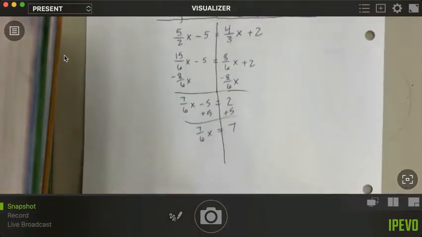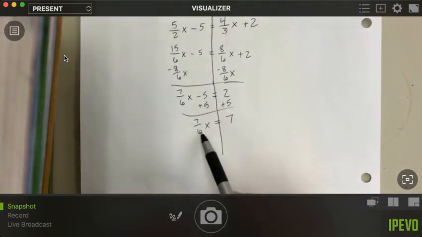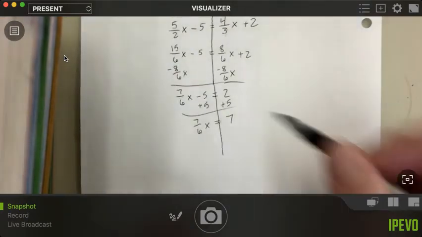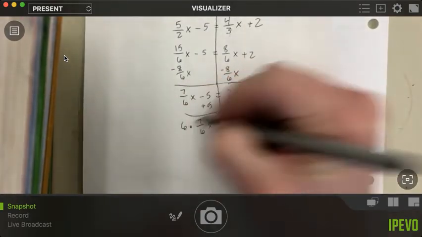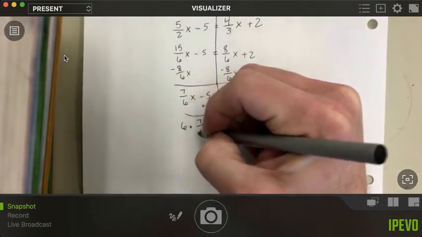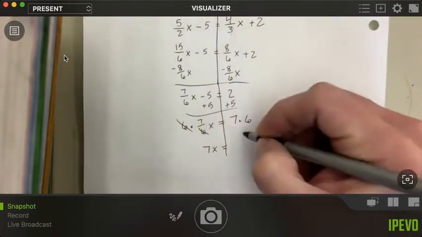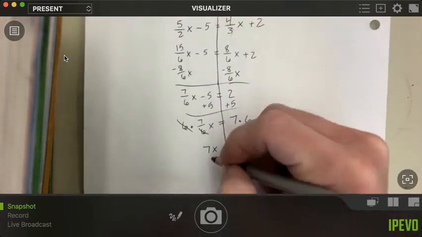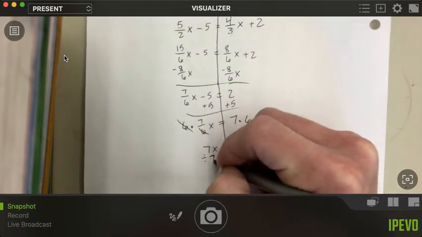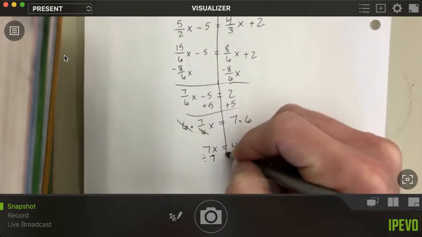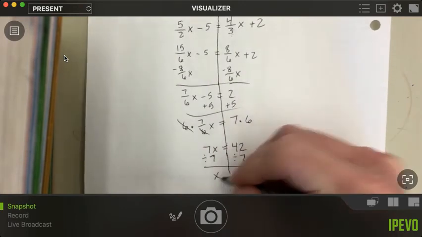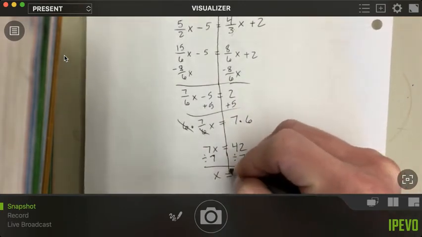All right, and now I simply have my fraction times x equals 7. So I can multiply both sides by 6. Those eliminate each other because they're opposite operations. And this one is going to have a nice convenient final answer of x equals 6.